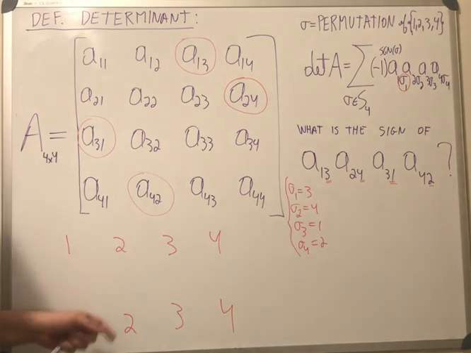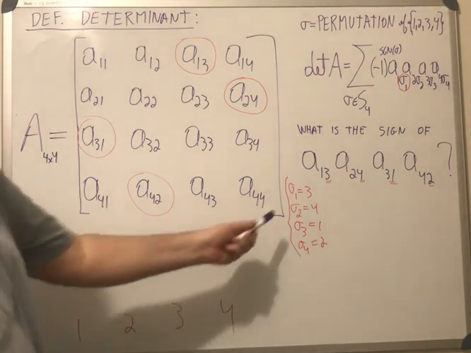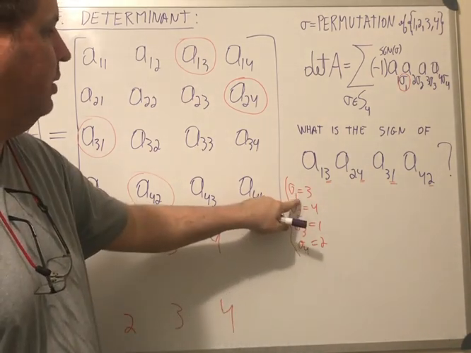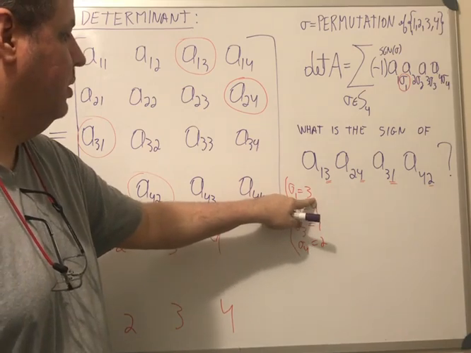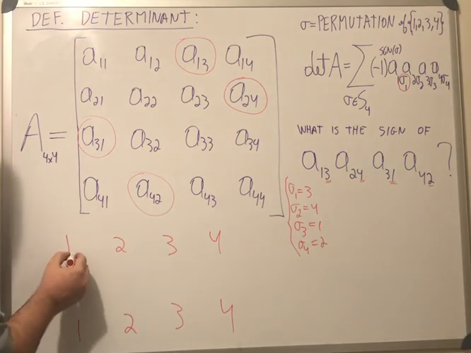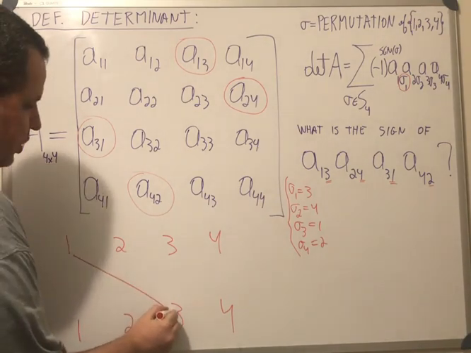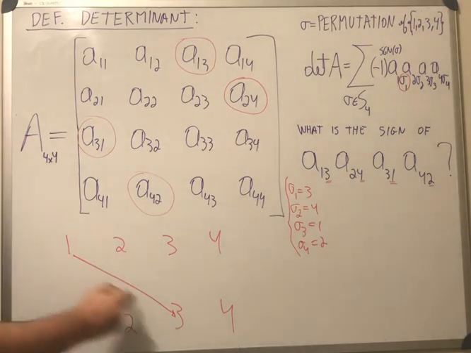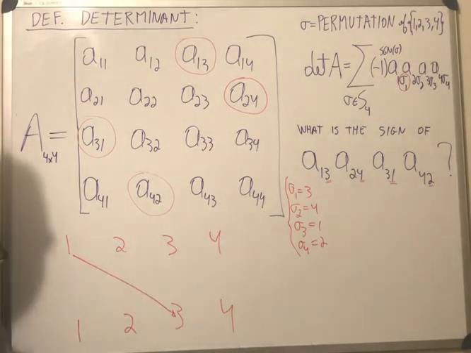This is a diagrammatic device, it's very useful. And then I will use this example. I know that the number 1 is mapped by the permutation to the number 3. So the number 1 goes to the number 3 here. Just make an arrow, it's easy.